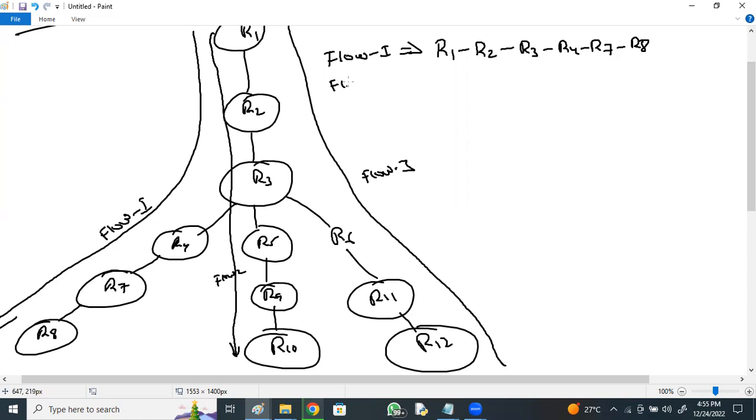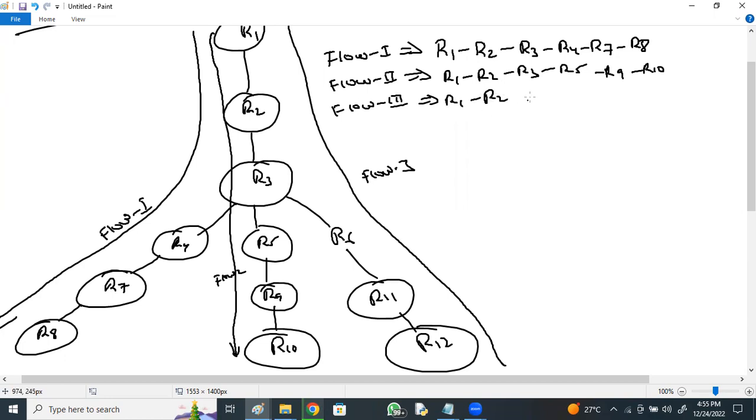Flow 2, what is flow 2? R1, R2, R3, R5, R9, R10. Flow 3 is what? R1, R2, R3, R6, R11, R12.